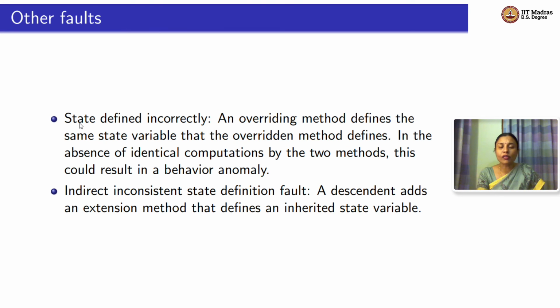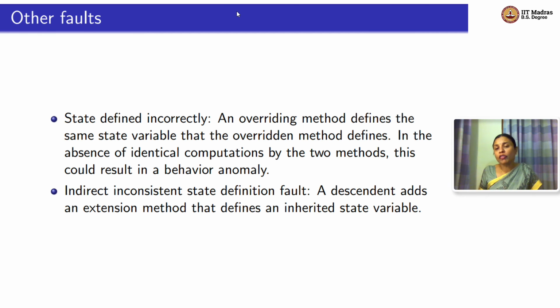There are other kinds of faults. In the original table that I showed you, there were 9 of them. And we saw only 4 of them in detail through examples. Other kinds of faults relate to state being defined incorrectly, where an overriding method defines the same variable that constitutes a part of the state that the overridden method also defines.